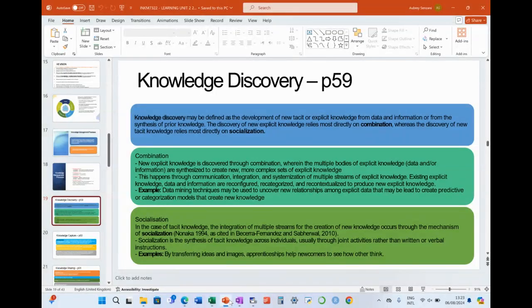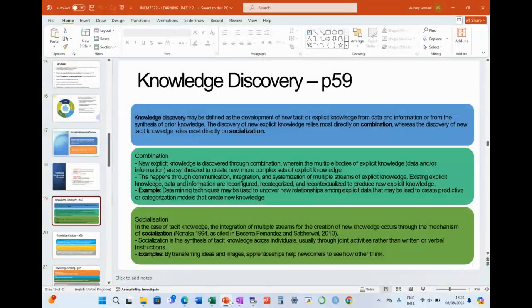Now here, you see, the main process is that of discovery, isn't it? But now the sub processes are combination and socialization. So under combination, they're saying new explicit knowledge is discovered through combination, within multiple bodies of explicit knowledge, as synthesized to create new and more complex sets of explicit knowledge.